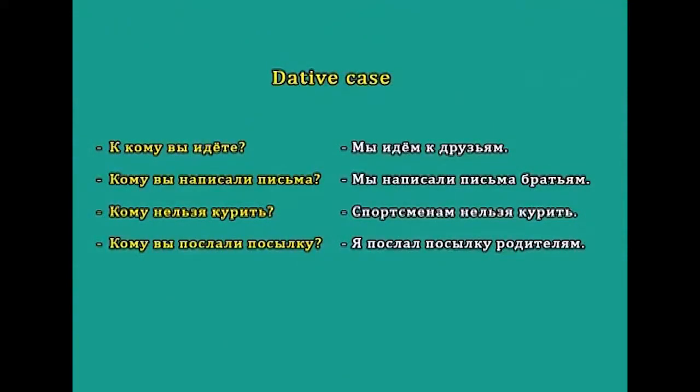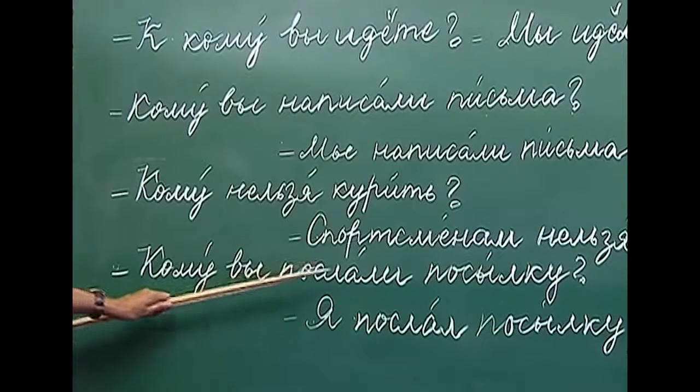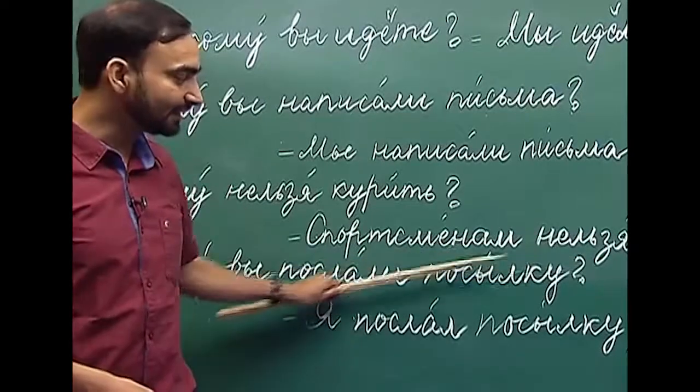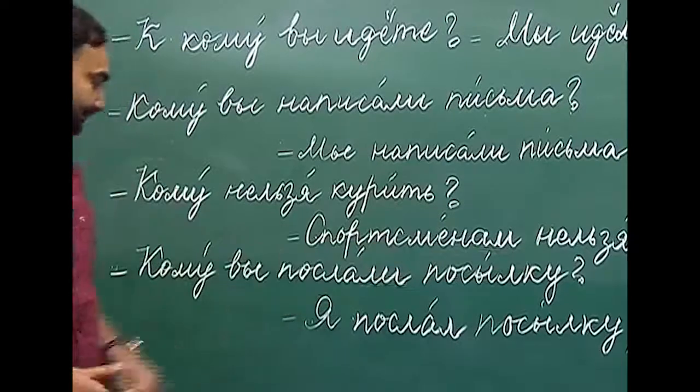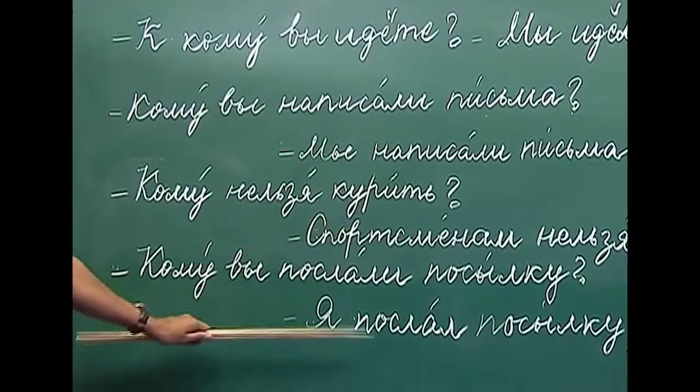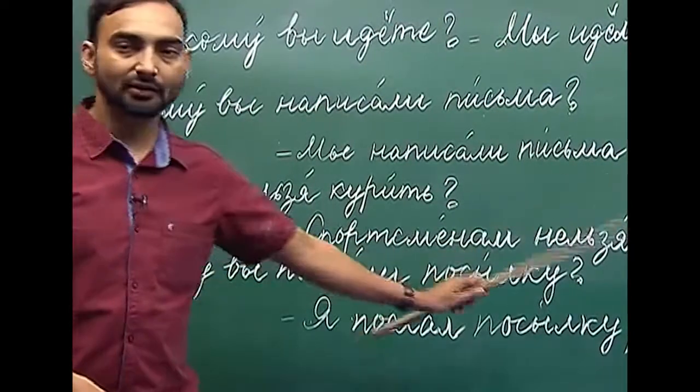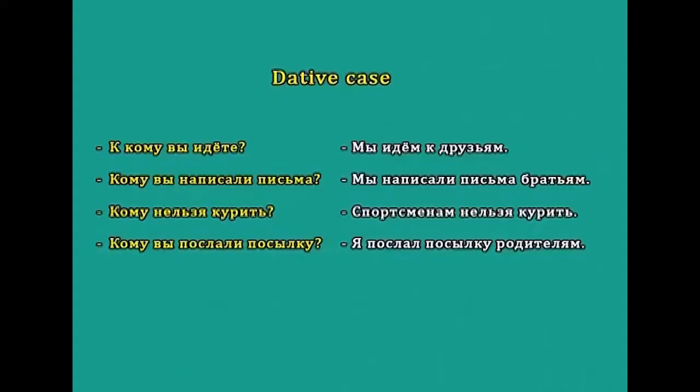Kamu vi paslali pasilku. Here there is a new verb, paslach. Paslach is to send. Pasilka is parcel. To whom did you send the parcel? And how do you answer this question? Again we will use a noun in the dative case. Ya paslal pasilku radicilium.